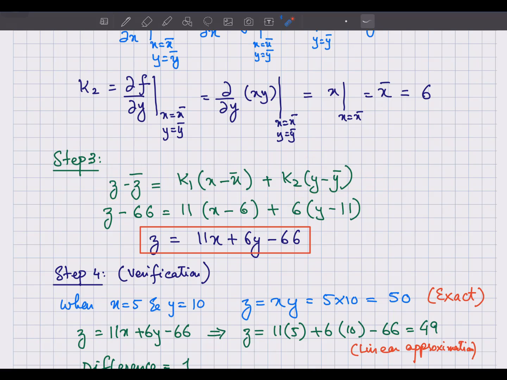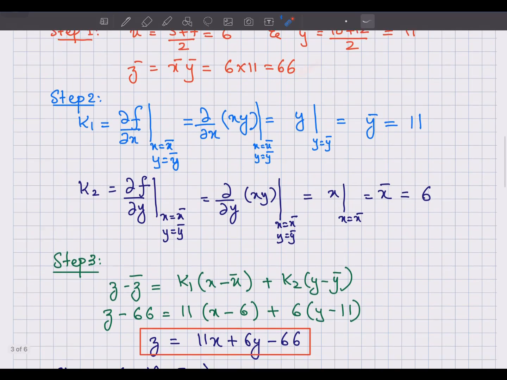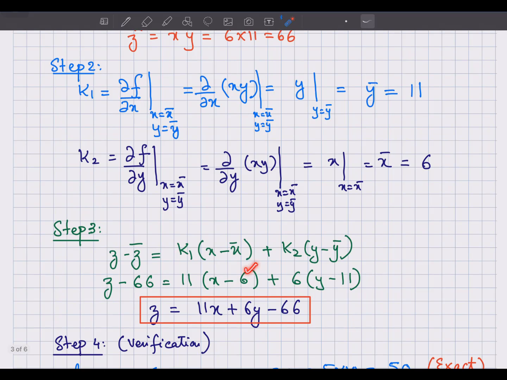So now taking these values: z bar we evaluated over here, that is equal to 66, and x bar is 6 and y bar is 11. We have evaluated k1 over here, that is equal to 11, and k2 is equal to 6. So we can write down this linear equation that will define our function, that is the product of x and y, right?